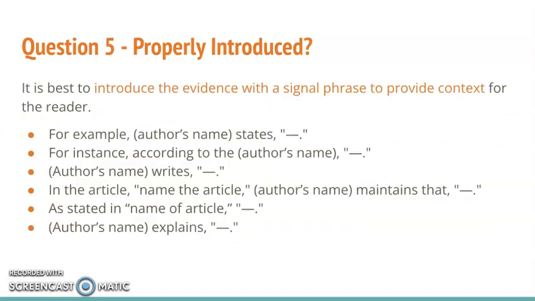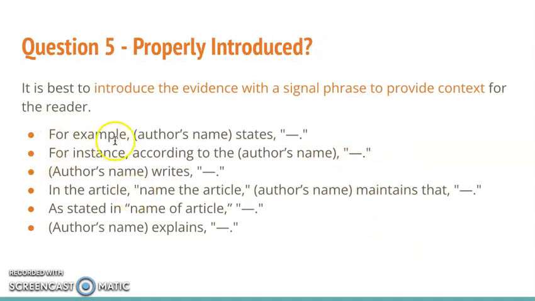Okay, so once we've checked to see if the quote works, if it's cited, then we need to make sure that we are properly introducing the quote. We never just drop in a quote and let it stand by itself without leading up to it. We need to signal to our readers that we're about to provide them with a quote and give them some context with it. So this right here gives you some sentence stems that you can pause and read along with that help introduce your quote.